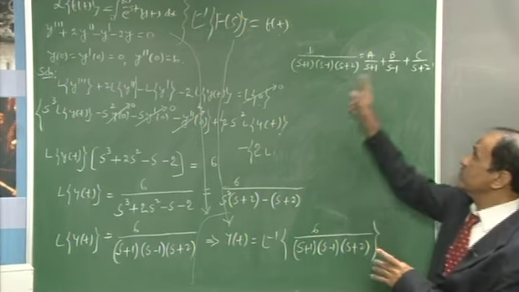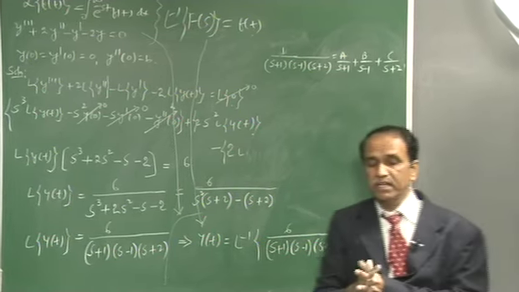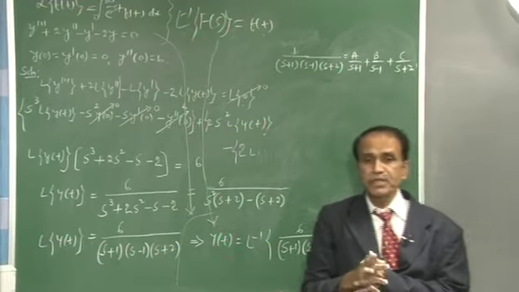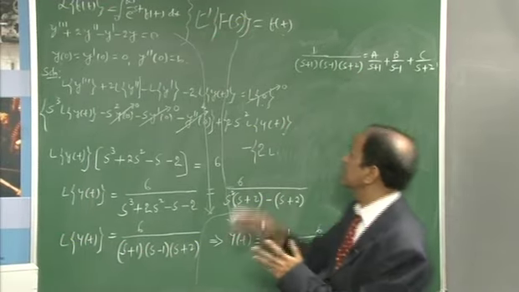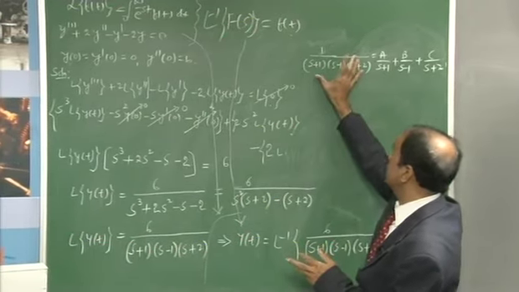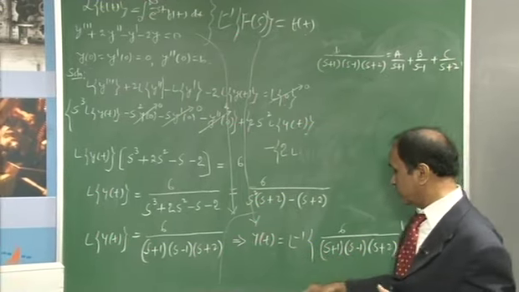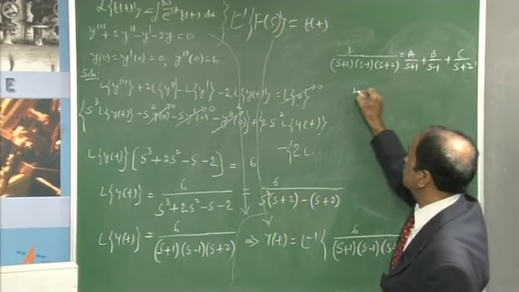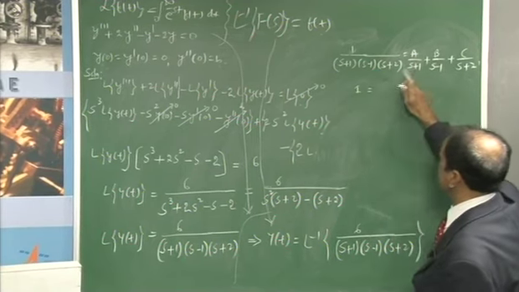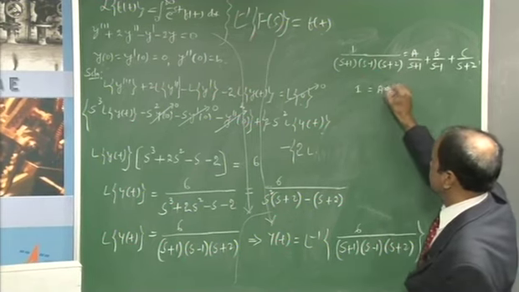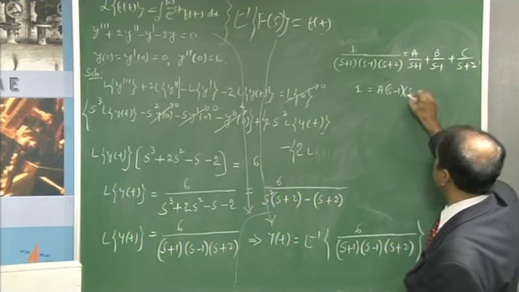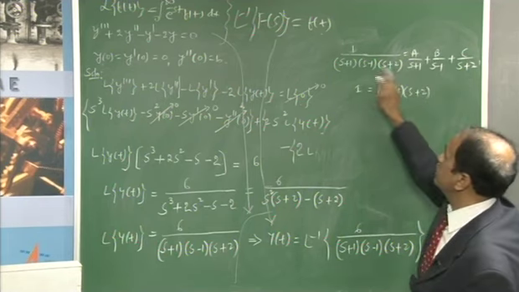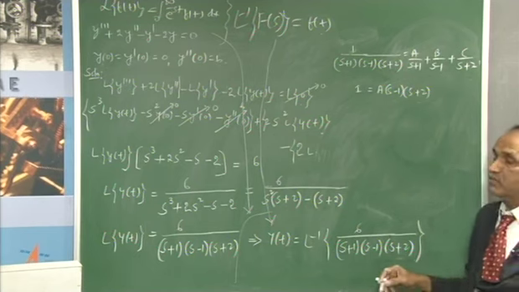And when you are working on this particular step, you have to take the LCM on both sides. The LCM is already present on the left side, but on the right side, carefully take the division. That is, 1 is equal to a into (s minus 1) into (s plus 2), because the common LCM is a product of 3 factors.